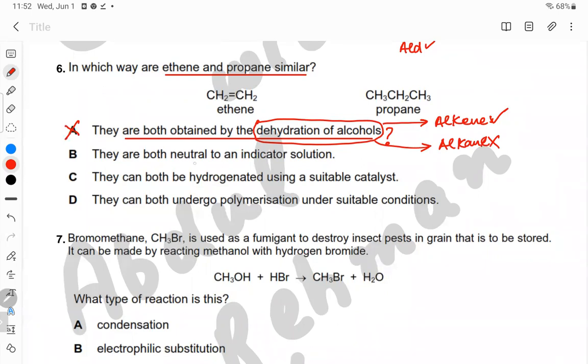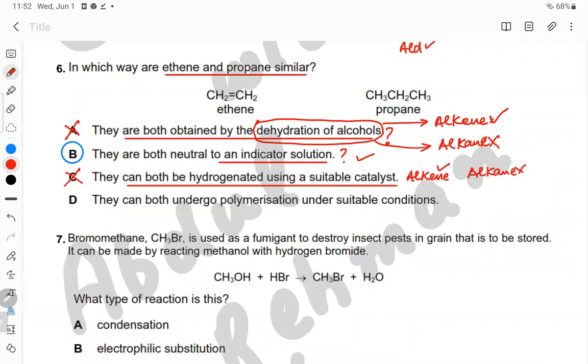Then, they are both neutral to indicator solution. Yes, because they are neither acid nor base. So this statement looks correct. But let me check the rest of the statements. They can be hydrogenated using a suitable catalyst. For that, an alkene can be hydrogenated and an alkane cannot be hydrogenated.